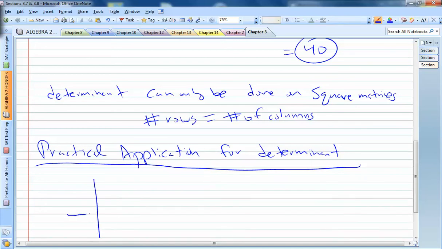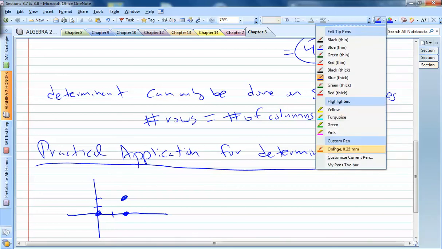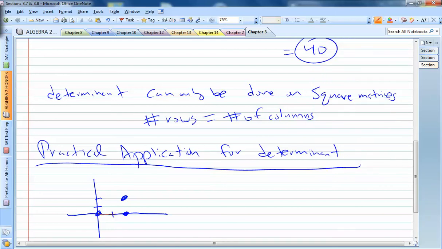Say, for example, I gave you 3 points. And say we made a triangle with those 3 points. So here we have 0, 0. Here we have 2, 2. Here we have 2, 0.